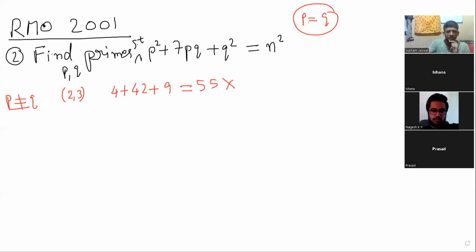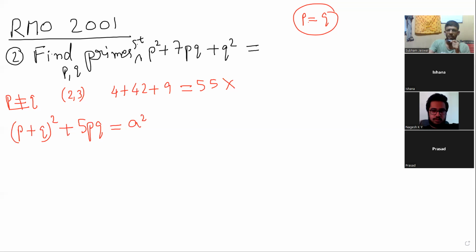So maybe Nagesh, first you can tell me some reasons why you think it is not possible. So you can write the expression as P plus Q the whole square plus 5PQ equal to A square.